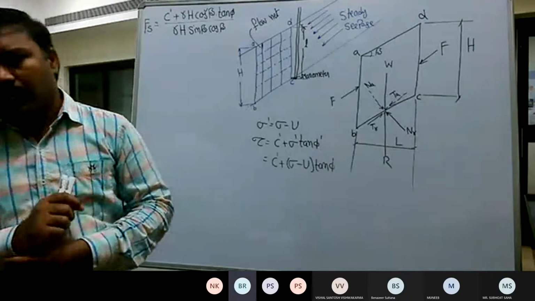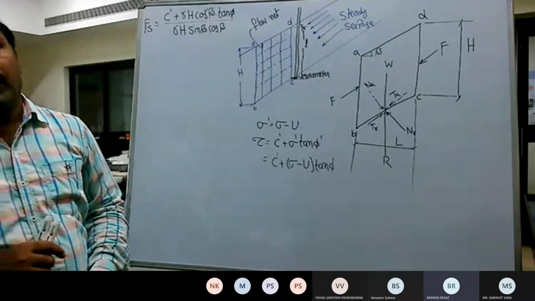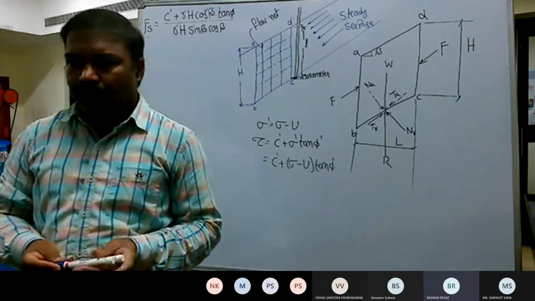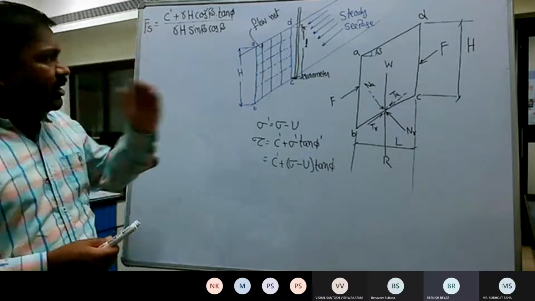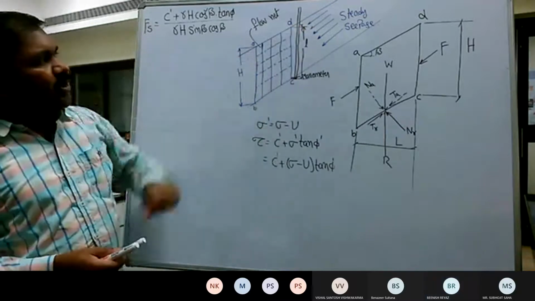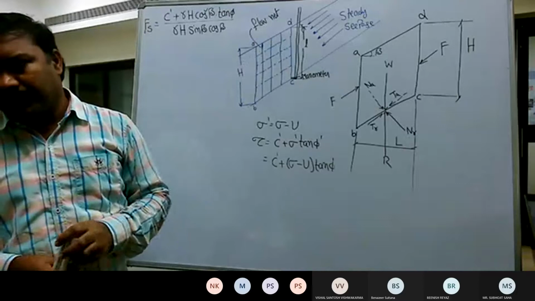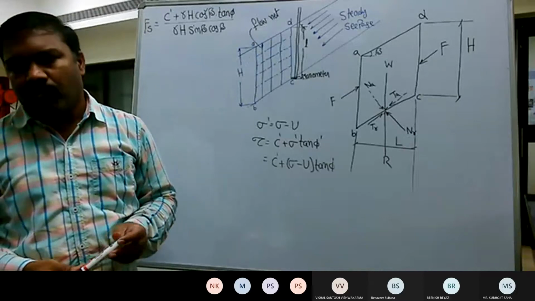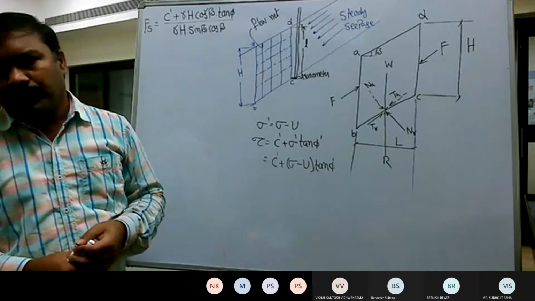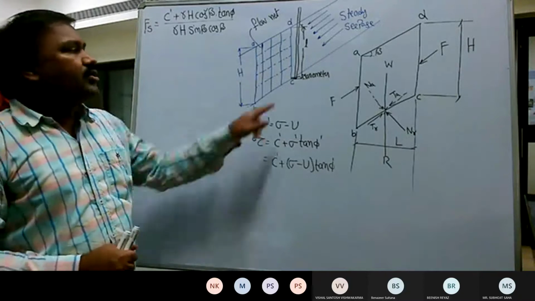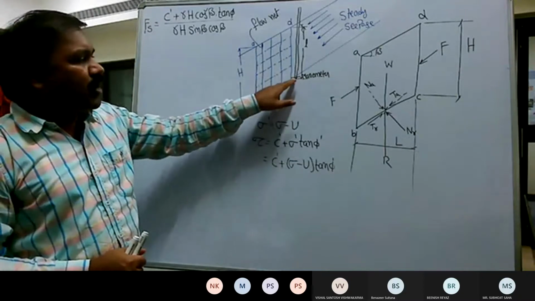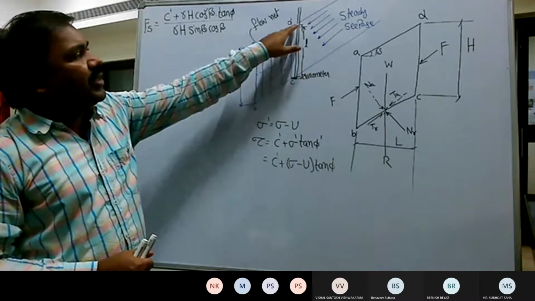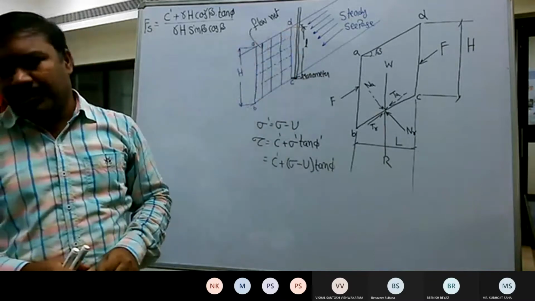Up to the level where seepage is taking place. Could you please identify where that seepage is happening? A simple understanding is, if I put my manometer here, the water rises until the interface of the atmospheric condition.